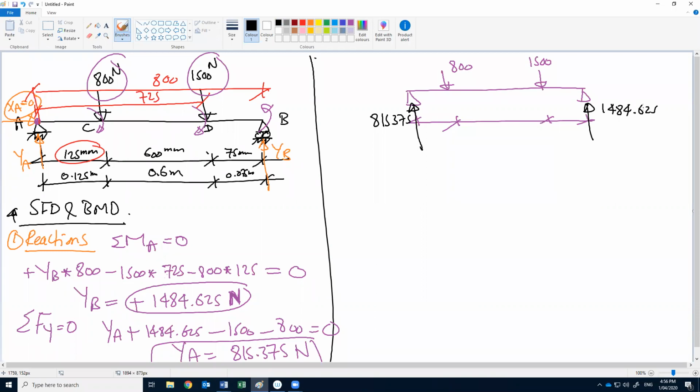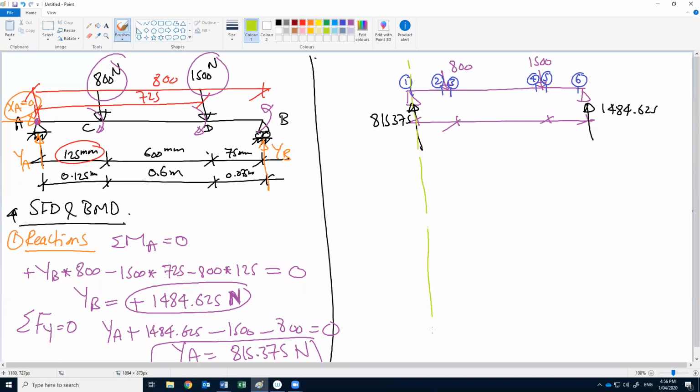How to draw the shear force diagram? We said before we need to determine or assign our cuts. So we have 1, 2, 3, 4, 5, 6 cuts. Do you agree with these cuts or do we need more cuts? No, that's sufficient: the start and end of the beam, before and after each concentrated load. Okay, so we don't need more.